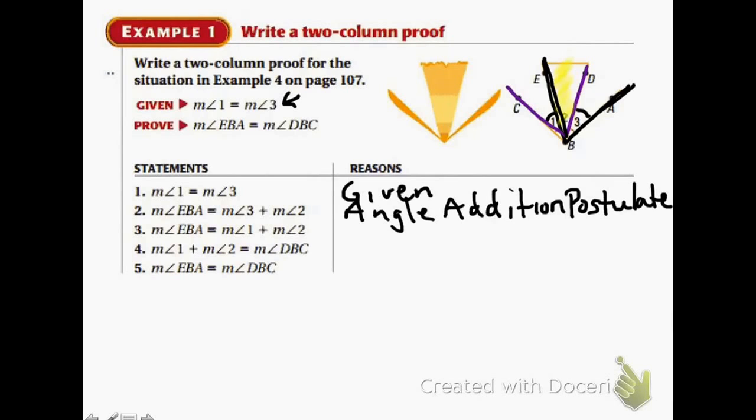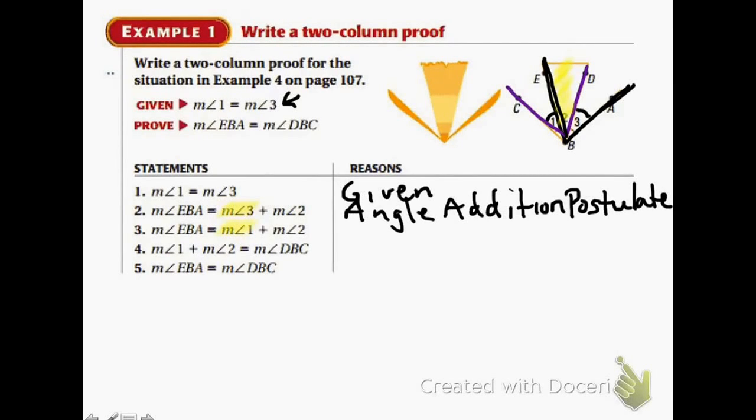Then they go on to say that the measure of angle EBA now is equal to the measure of angle 1 plus the measure of angle 2. So they changed something on the previous statement. It used to be EBA was equal to the measure of angle 3 plus the measure of angle 2. Now it's equal to the measure of angle 1 plus the measure of angle 2.